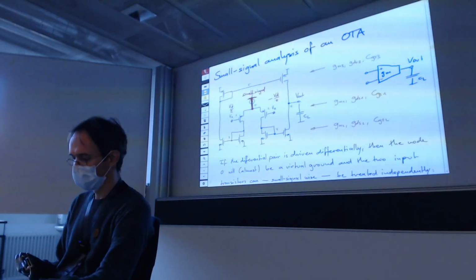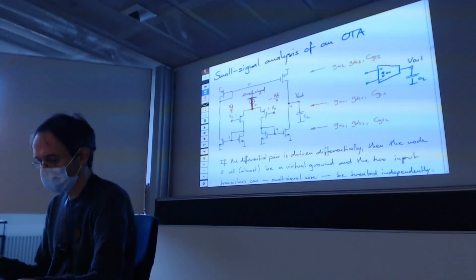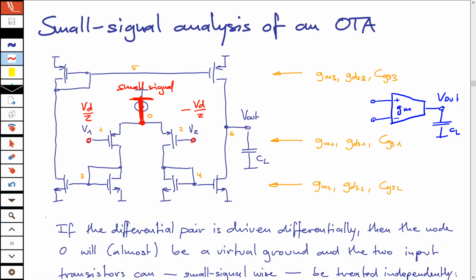And then I take the node 3 and the node 4. They are on the left and on the right at the bottom.